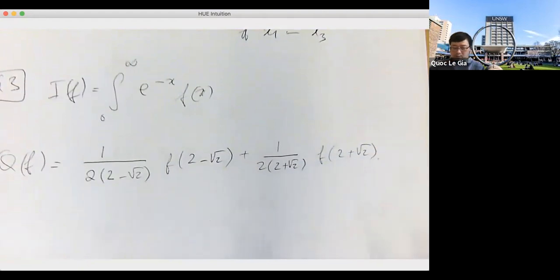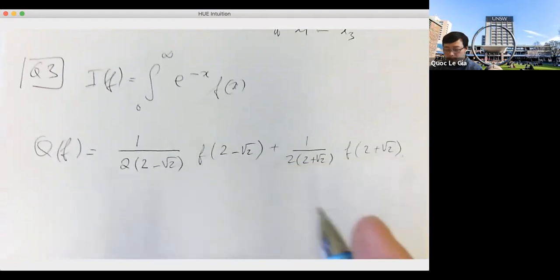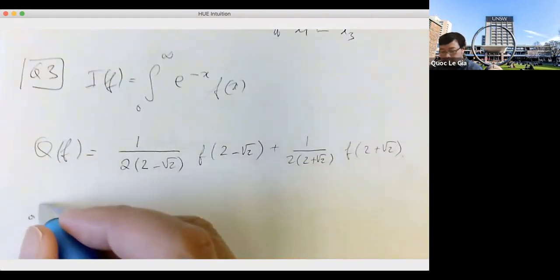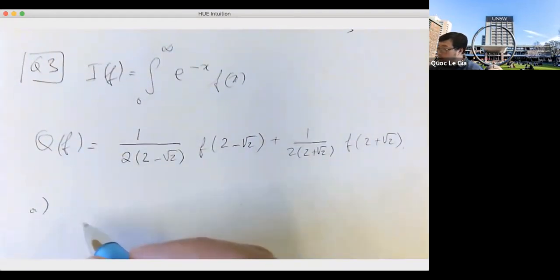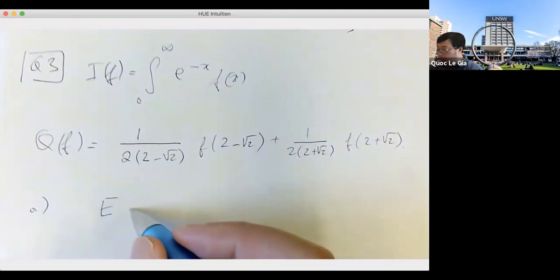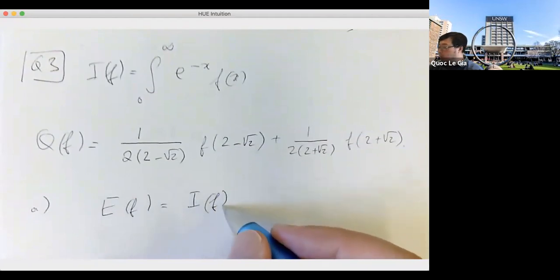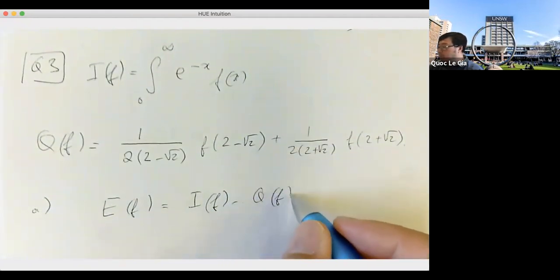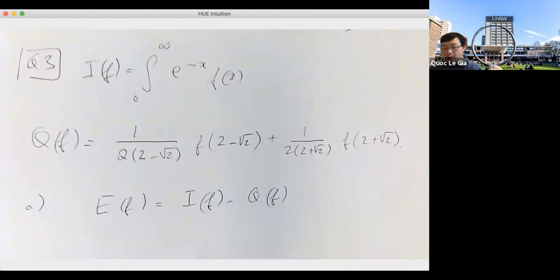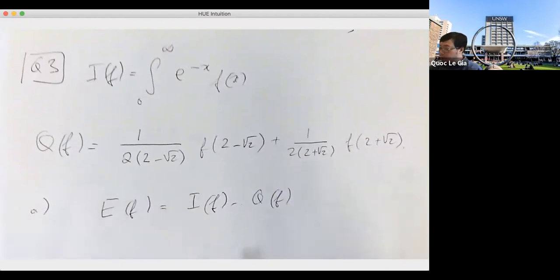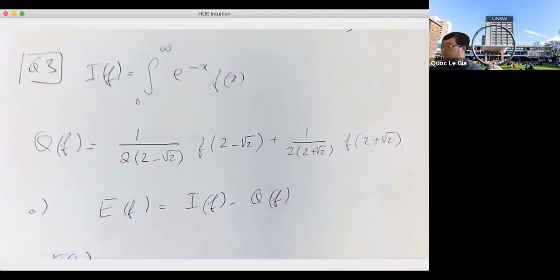Okay. So now what is the degree of precision? Well, you have to do the calculation. What is E? So E of f will be the exact integral minus the quadrature. Okay. So now you have to do the integration. So what is E1?